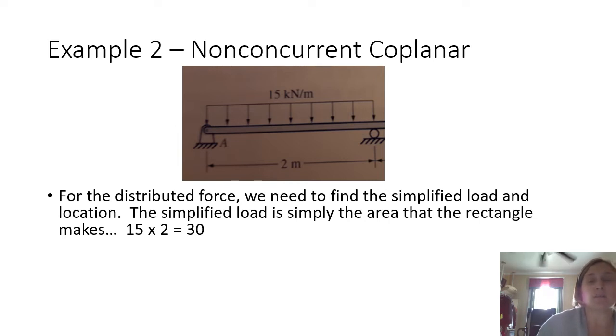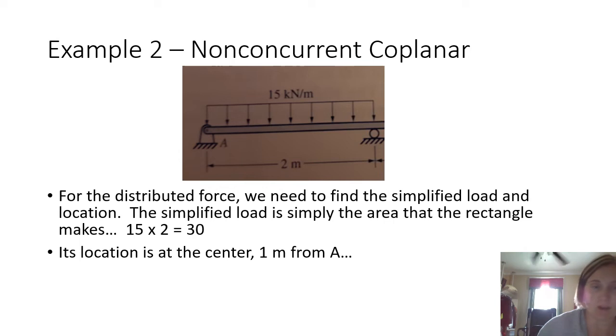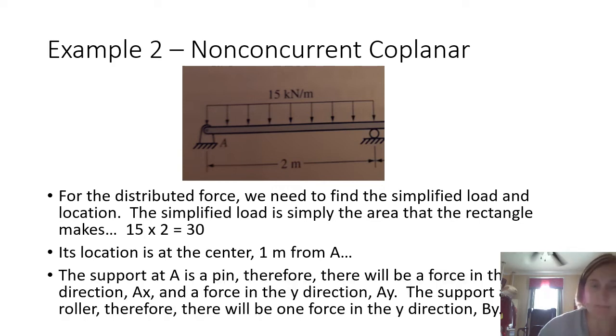So the simplified force is 15 times 2, and that's equal to 30. Okay, now the location is going to be exactly in the center. Okay, so that's going to be 1 meter from A or 1 meter from B. All right.